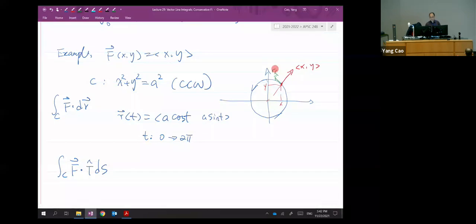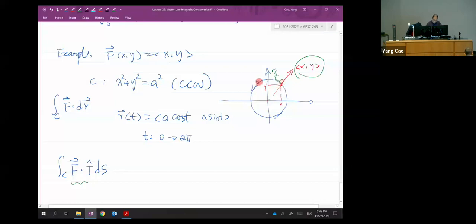Now you're calculating the dot product of this vector with the T hat, so F dot T hat. What is the geometric relationship between the T hat and that vector (x, y), which is the vector field? Perpendicular, exactly. If they're perpendicular, then F dot T hat at that location must be 0.